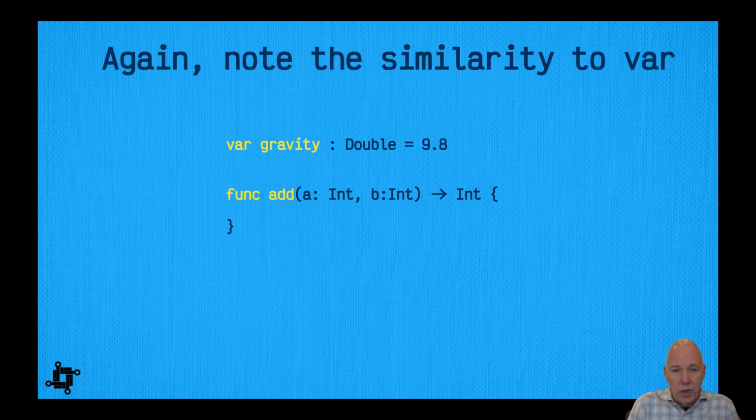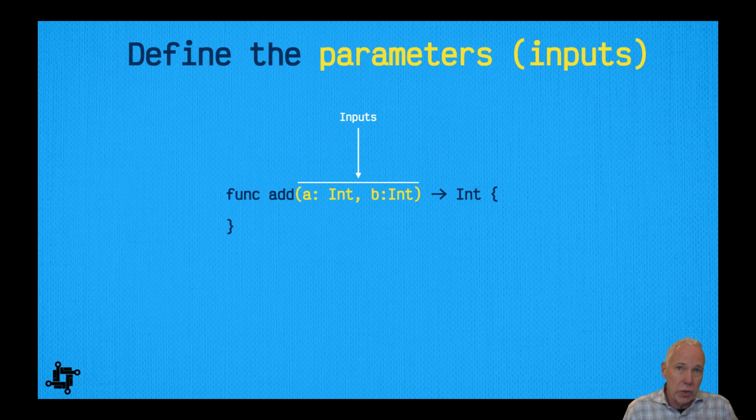And then we have parameters. So these are the inputs into the function. We don't really refer to them as inputs. Normally when we're coding, we will refer to them as parameters. In this case, this function is taking two inputs or two parameters. One is an integer that we're going to call a, and another is another integer, and we're going to call that b.